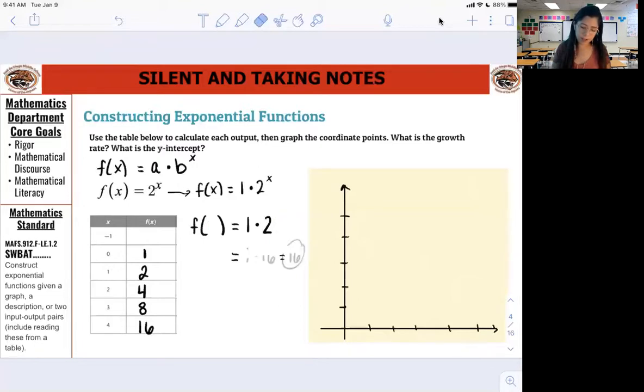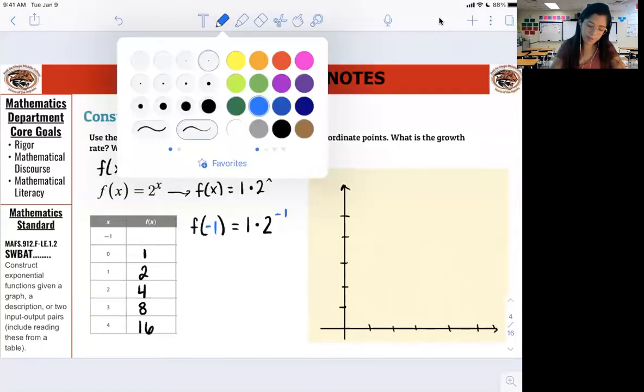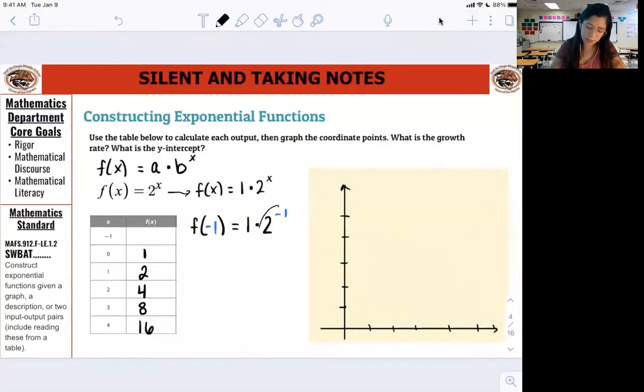So now I have to deal with that negative. And I'll say it again: those rules for exponents do not go away. What is 2 to the power of negative 1? 1/2. Nice job. Because what happens to this 2? Where does it go? The denominator.